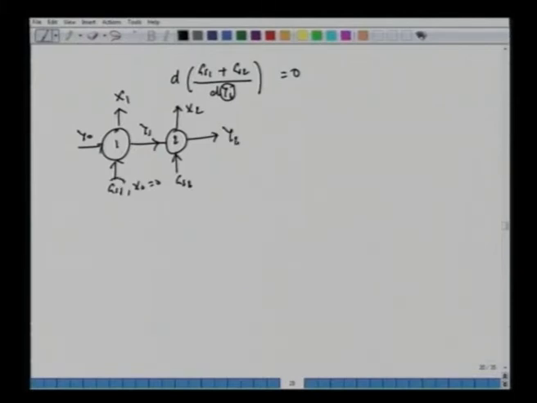So if we vary the amount of Gs1, Y0 is fixed, Ls is fixed, X0 is fixed, and the two exit streams are in equilibrium, so Y1 or X1 is a function of Gs1. Once we change Gs1, Y1 will change, X1 will also change. But once we fix Y1, Y2 is fixed, and these two are in equilibrium, so we know X2, which means the amount of Gs2 is also fixed.